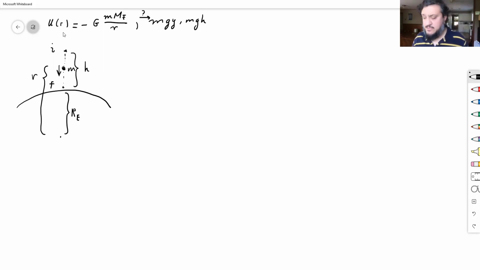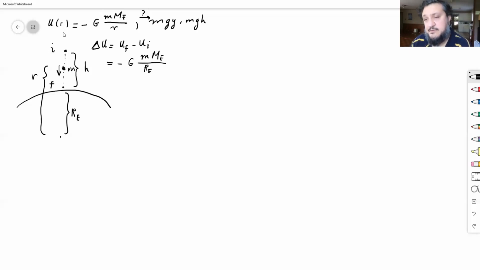Okay, so let's write down the change in the gravitational potential energy. Delta U will be U final minus U initial. So it's equal to, using the new formula, negative G M Earth over, at the final position, the radius becomes RE, the radius of the Earth.